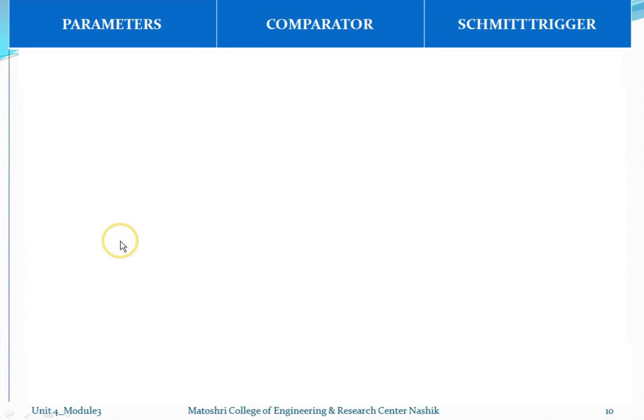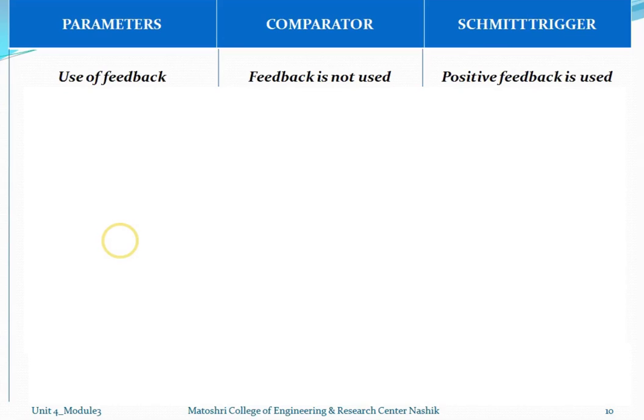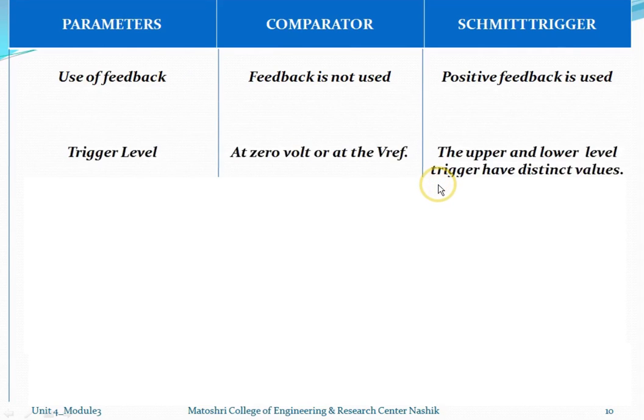Now if we compare the two circuits, comparator and Schmitt trigger, according to feedback, the comparator does not use any kind of feedback, whereas the Schmitt trigger uses positive feedback.